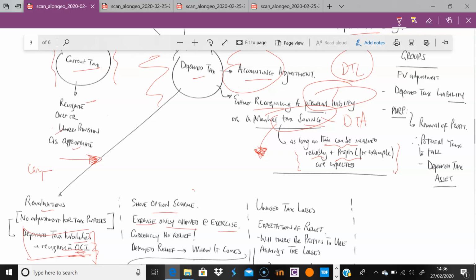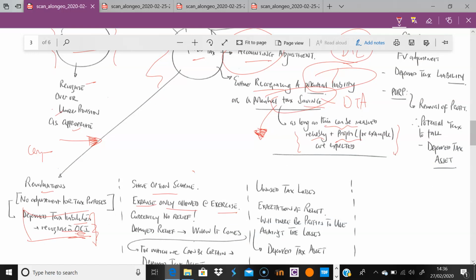Share option schemes: for tax purposes, the expense is only allowed at exercise, but we are currently recognizing an expense in our income statement. So currently we are getting no tax relief, and we have to delay it. So in effect, it is like a delayed relief.